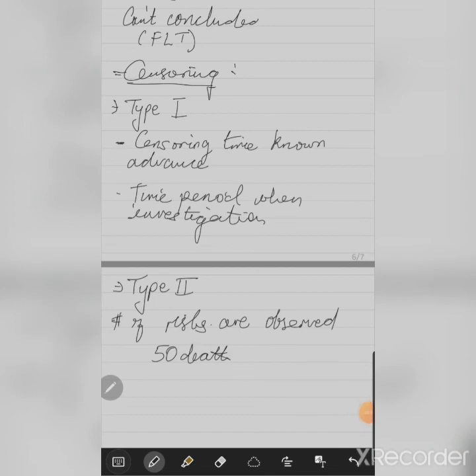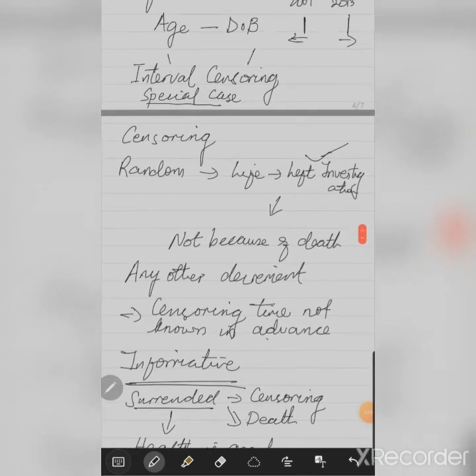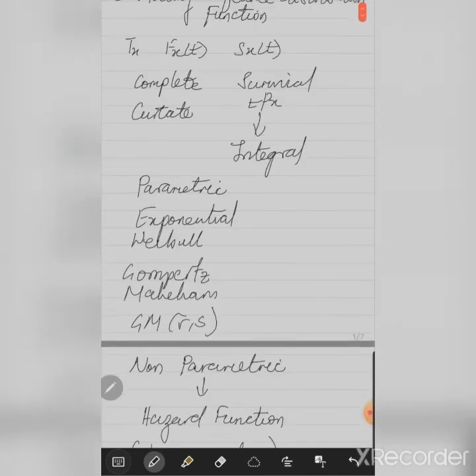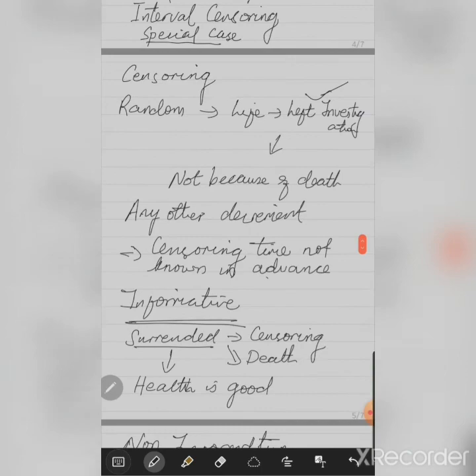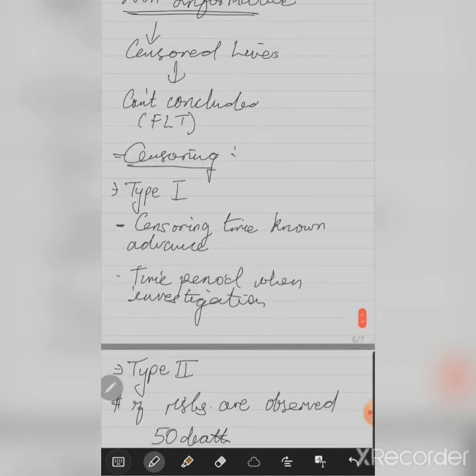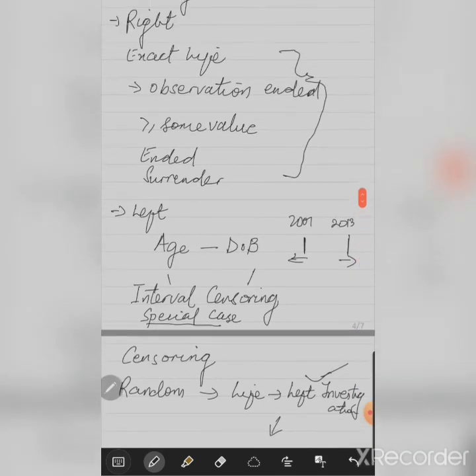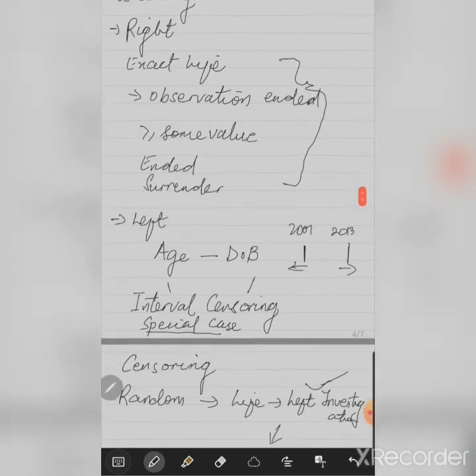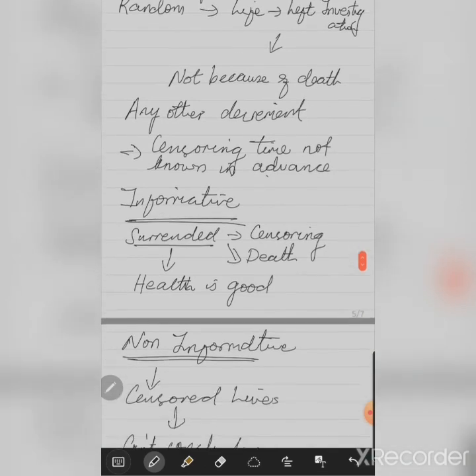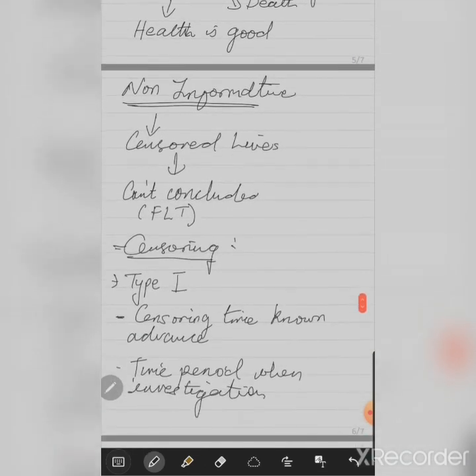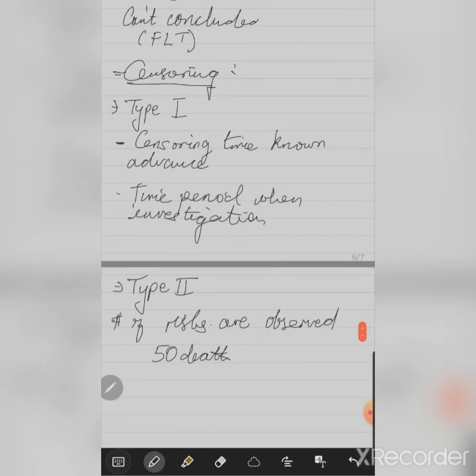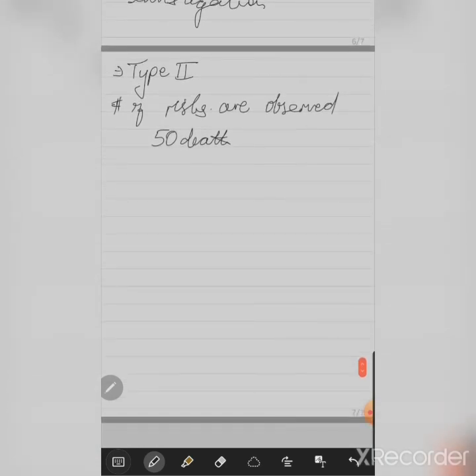You can look at the definitions of what we have covered so far, and read about them to understand what type of censoring it is: right censoring, left censoring, random censoring, informative and non-informative censoring, and also type 1 and type 2 censoring. What I advise is that you first know these definitions, because you will need to apply them in the survival models.